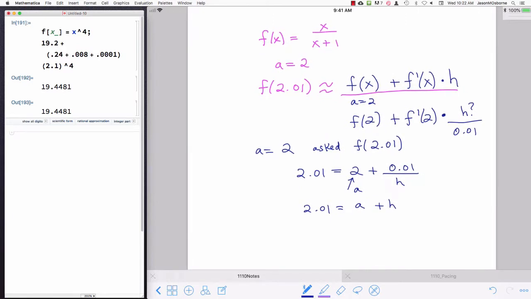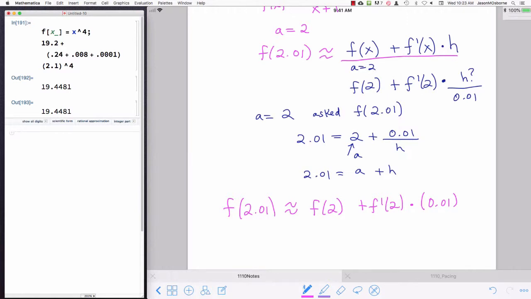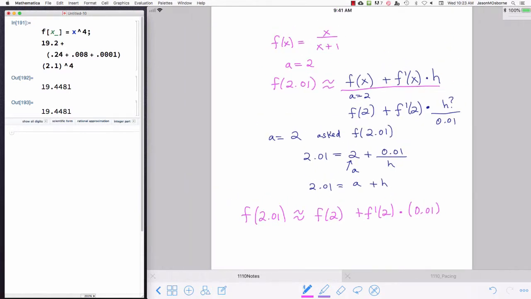So f of 2.01 is approximately f of 2 plus f prime of 2 times the small difference. The function evaluated at 2 is just 2 over 3. Then I need the derivative evaluated at 2 times 0.01.